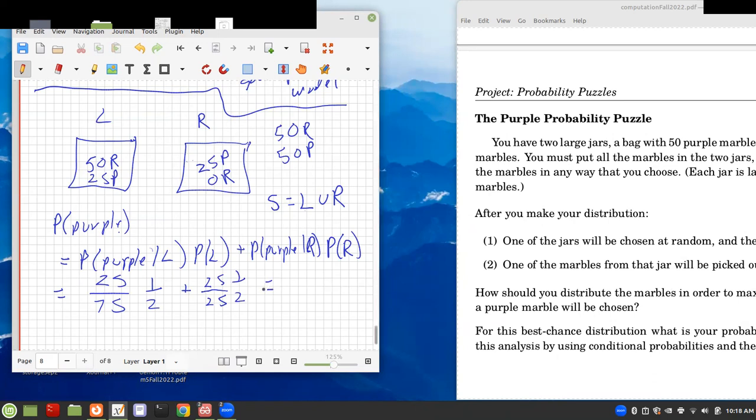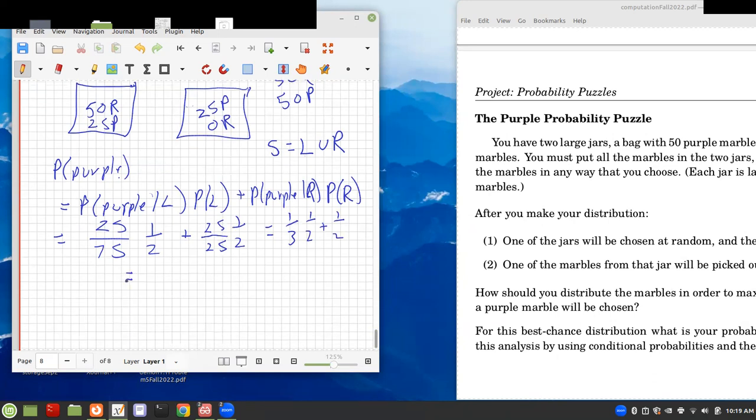And that equals, well, 25 over 75 is 1/3 times 1/2, which is 1/6, plus 1/2, which is 3/6, which equals 4/6, which equals 2/3.